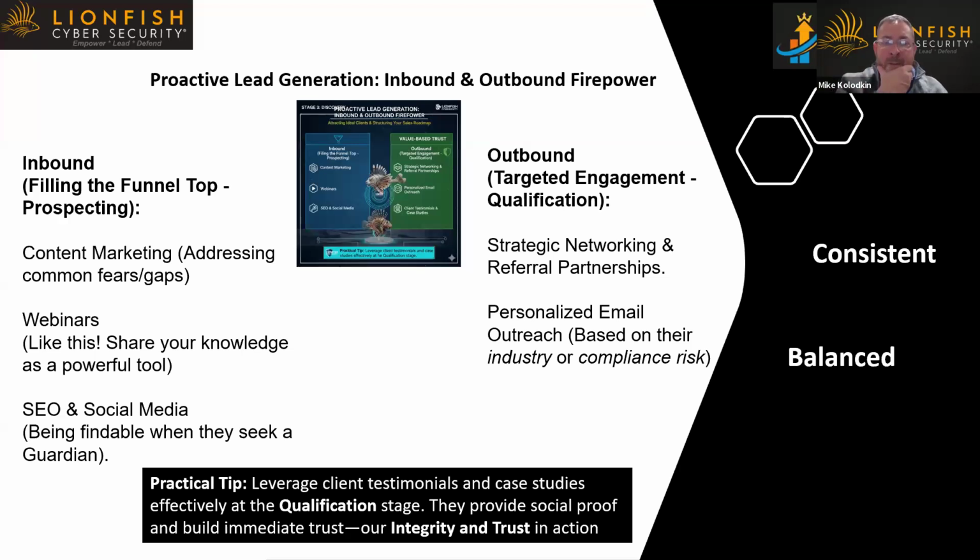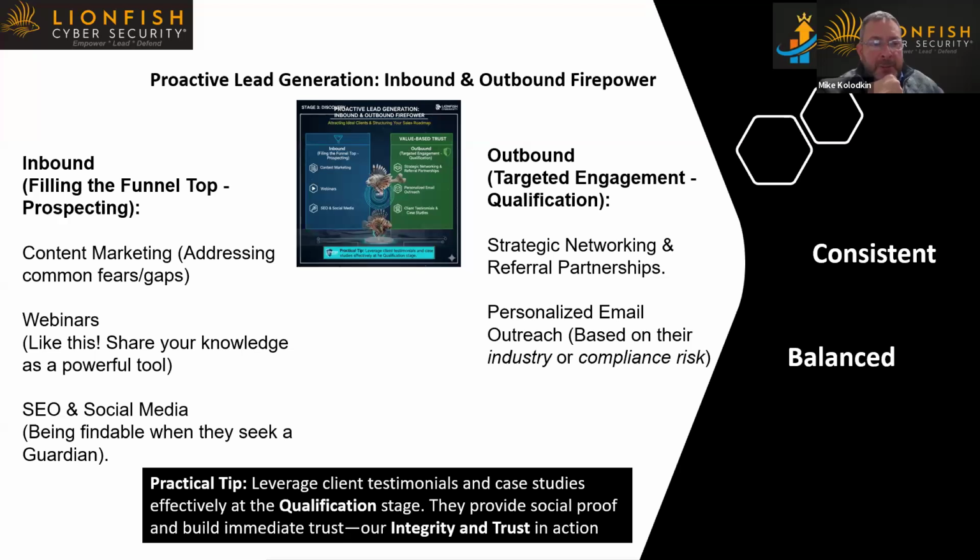So when we look at these two stages that we covered, stage one and stage two, this is a modest recap: to be successful, you need a balance of consistency of inbound and outbound activity. I want to take this opportunity, for those folks who are probably doing this already, to be intentional about labeling it. The inbound is where you're filling the funnel and your top line prospecting, your stage one.